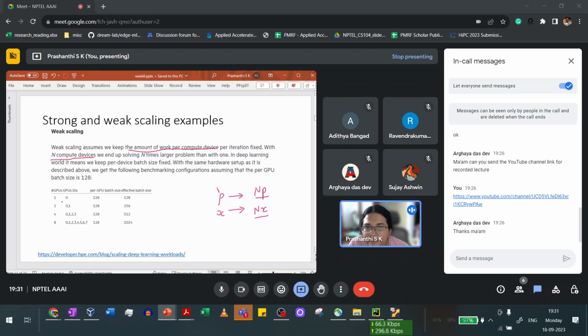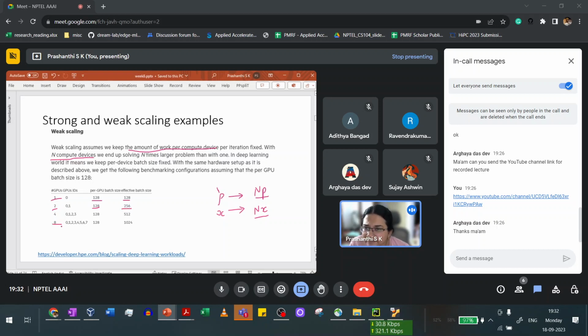So here's an example. With one GPU, let's say you had a per GPU batch size of 128, your effective batch size is also the same. With two GPUs, now I'm keeping the per GPU batch size or the work done per processor the same. But because there are two GPUs, your effective batch size now becomes 256.